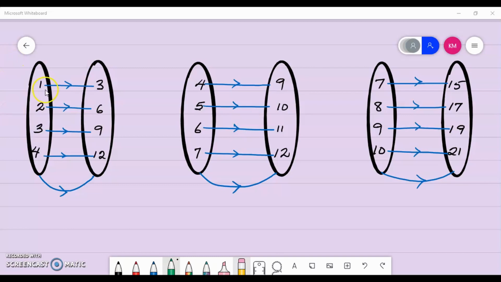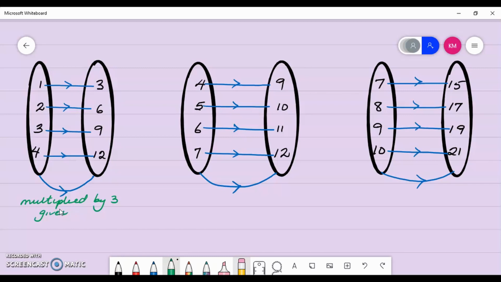So let's double check. 1 multiplied by 3 gives 3. 2 multiplied by 3 gives 6. 3 by 3, 9, and 4 by 3, 12. So I can write multiplied by 3. So it reads 1 multiplied by 3 gives 3.